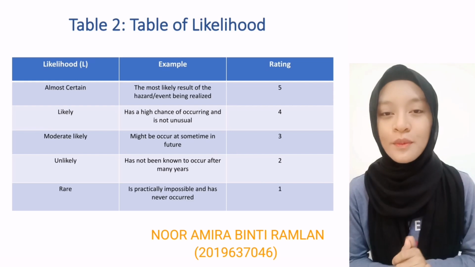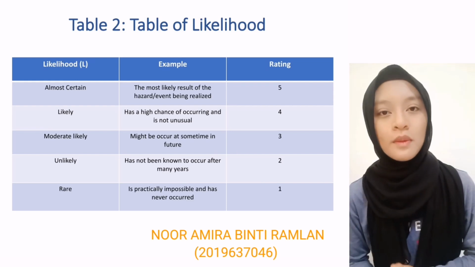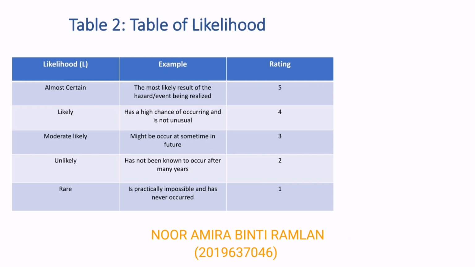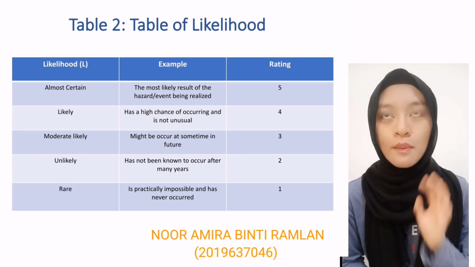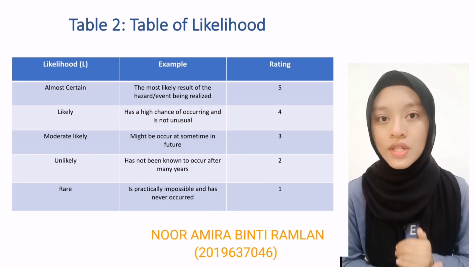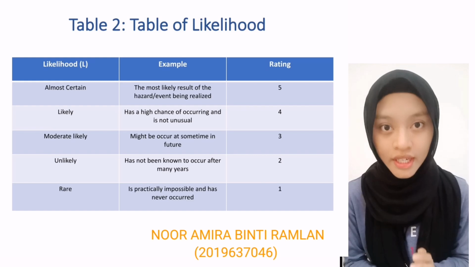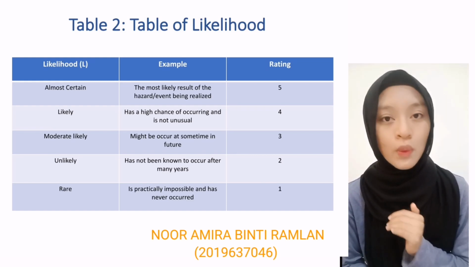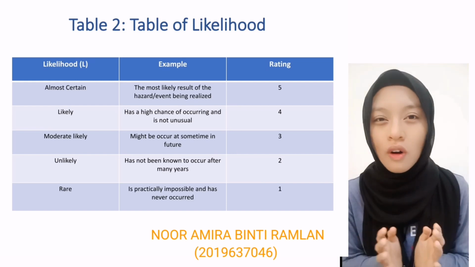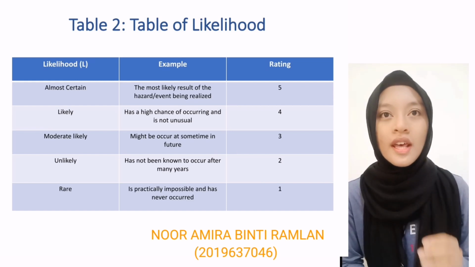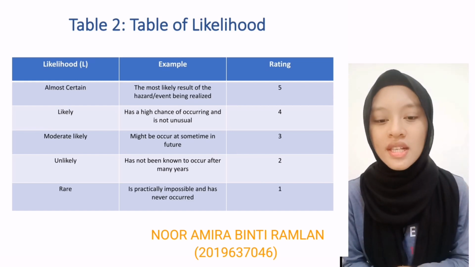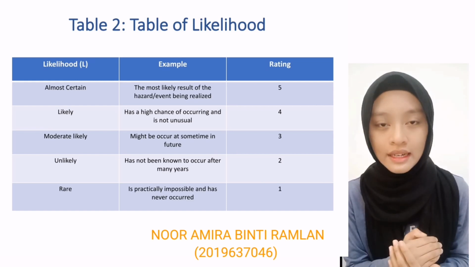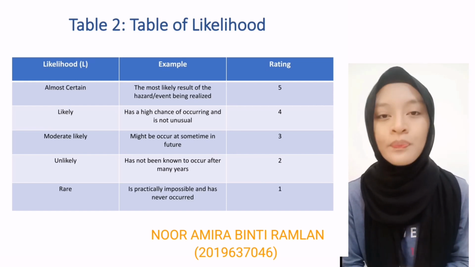Hi, I'm Nur Amira and I want to explain about the severity and likelihood table. They both have a lowest value of 1 and a highest value of 5. For likelihood, the lowest value is 1, which is rare or impossible to happen, and the highest is 5, which is almost certain and frequent to happen.